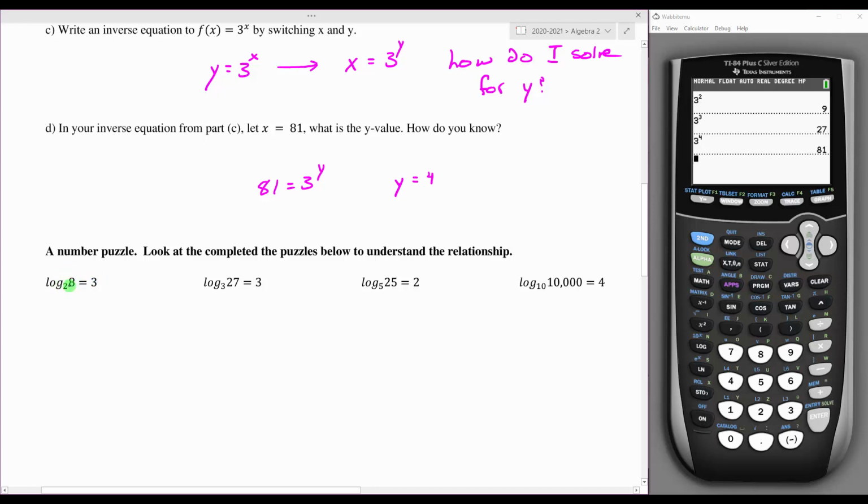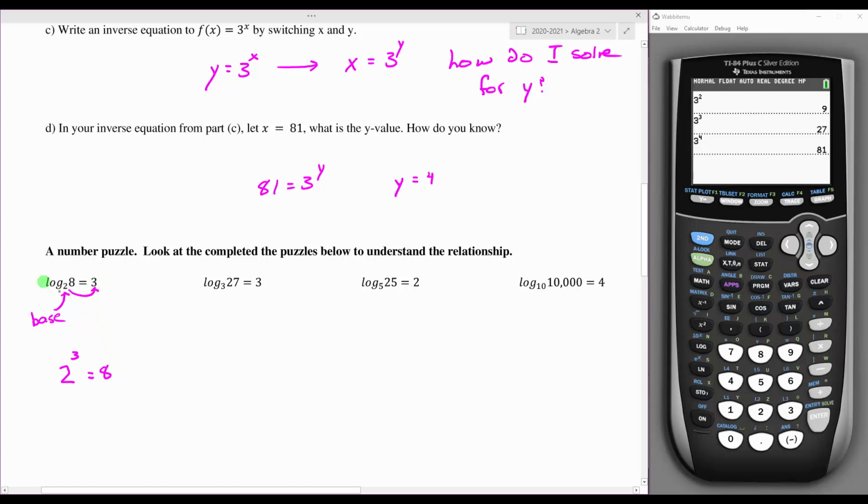All right, so for instance, this first one, you'll notice this little number down here, we call that the base. And so this is called the base. So if I'm going to take my log and I'm going to write it as an exponent, I'm going to say 2 to some power. Right, and then so we have a 3 and an 8 here. Well, it makes sense. If I take 2 to the third power, we get 8.